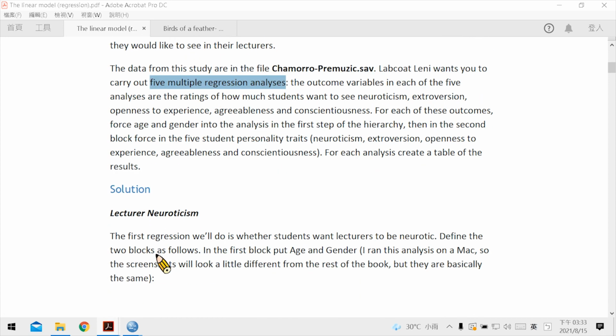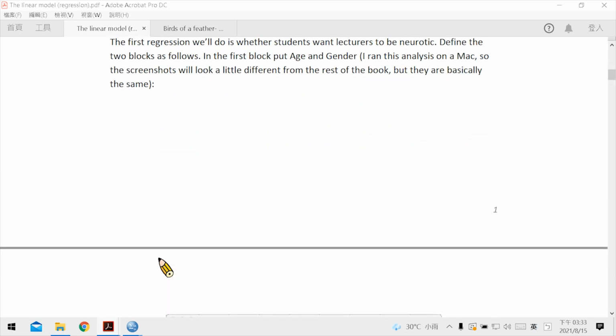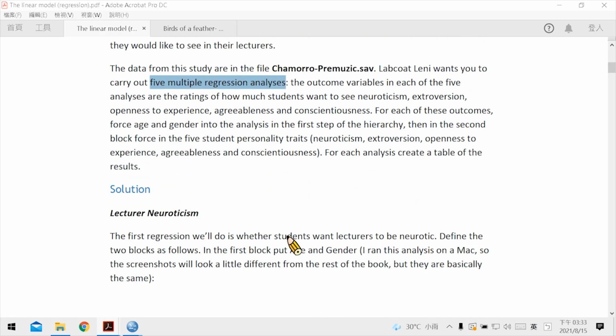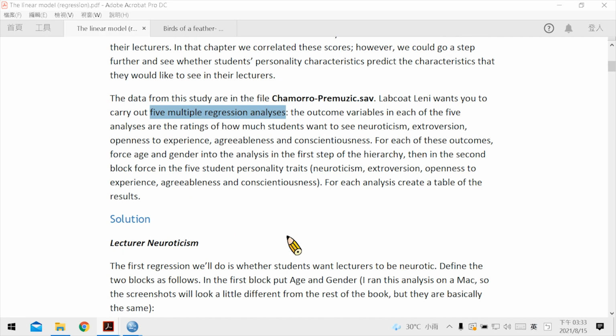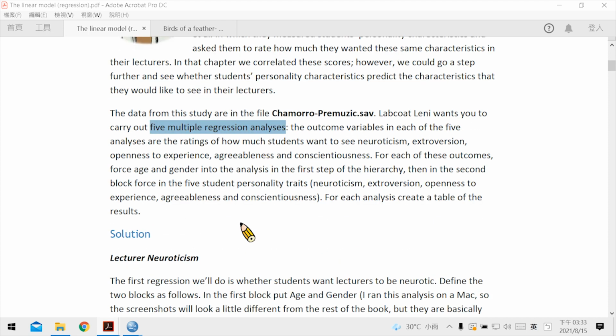Okay, so that's the first regression we do, whether the student wants the lecturer to be, and we define the blocks.